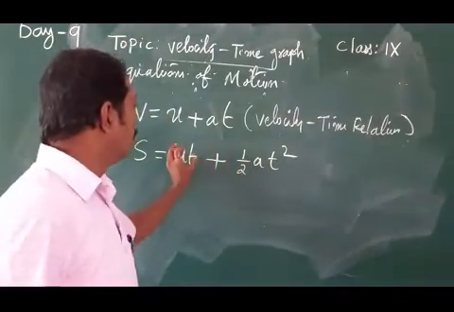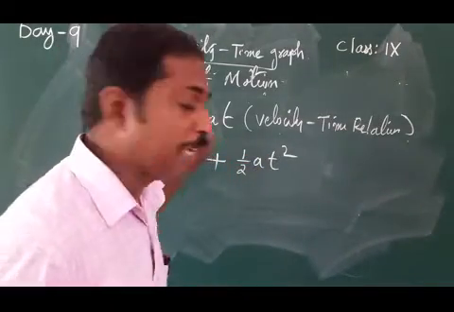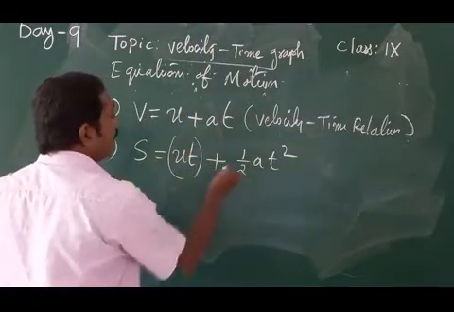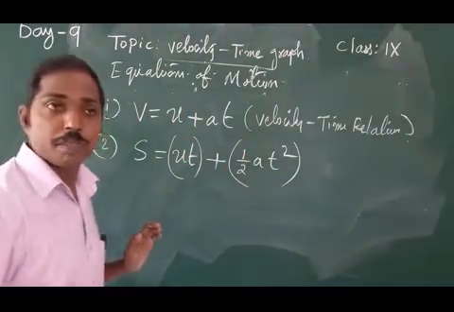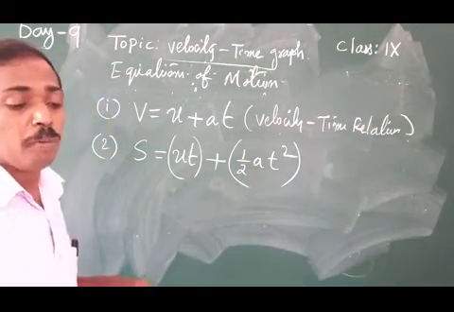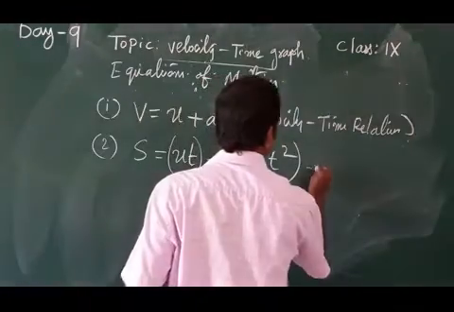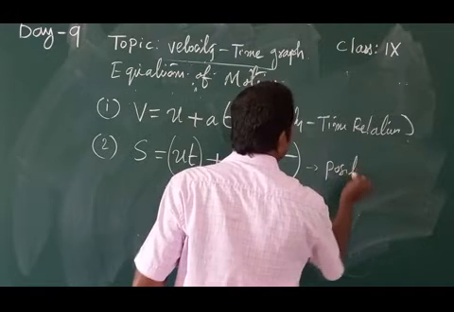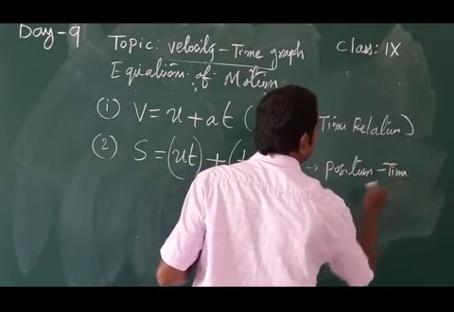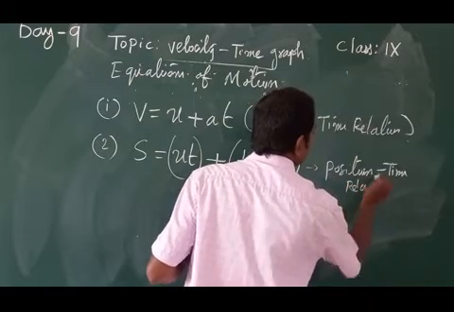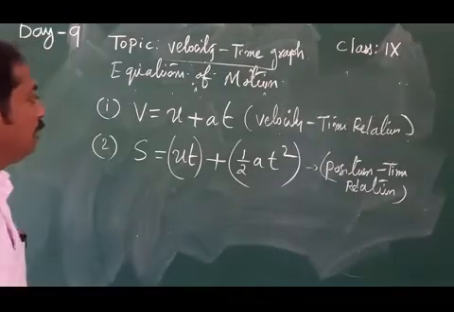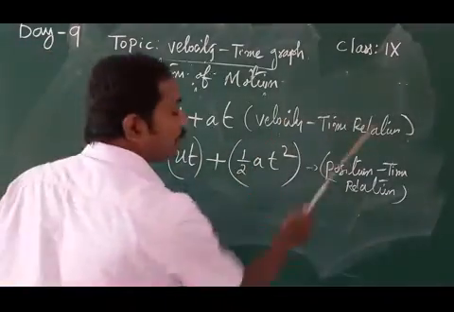Ut is one term and half a t square is another term. So here time is an important factor. So it is known as the position time relation.